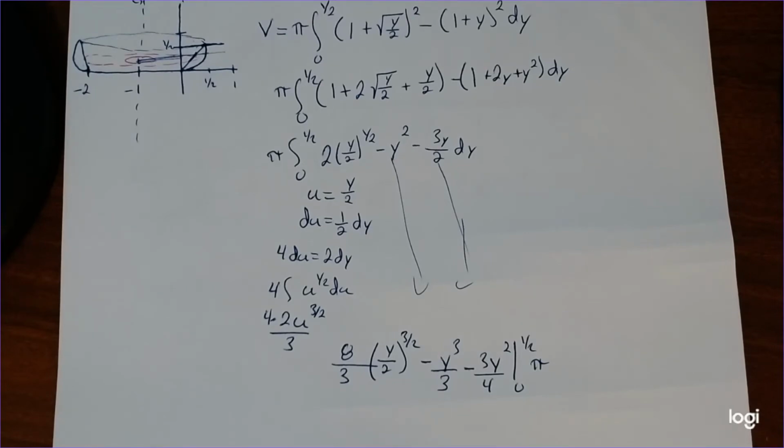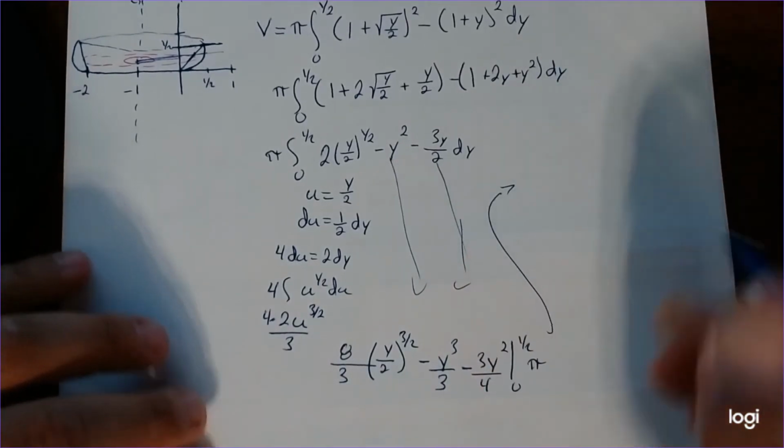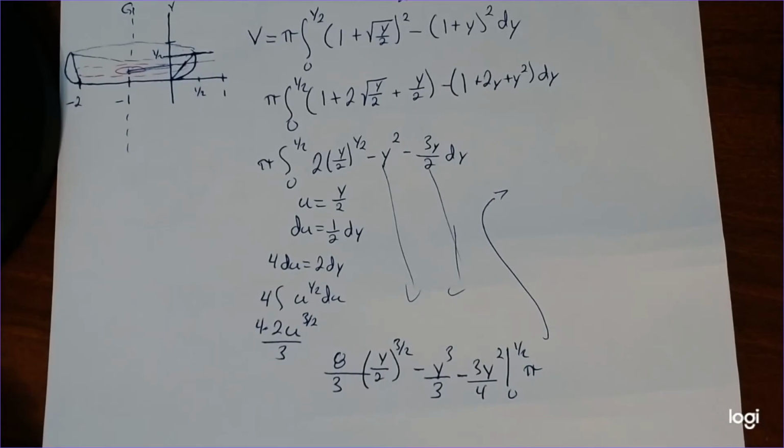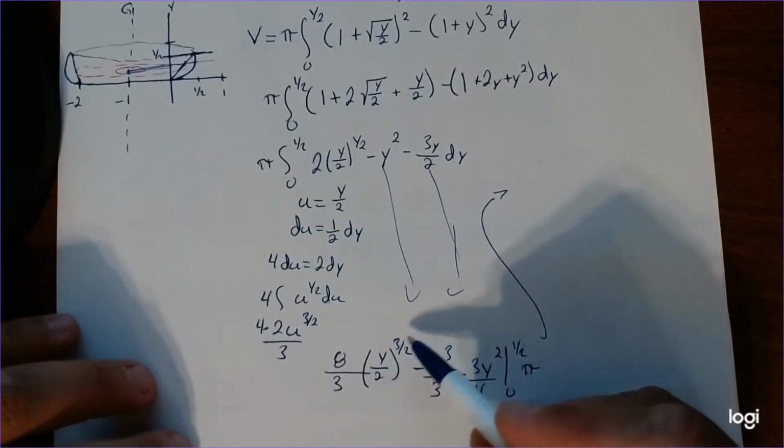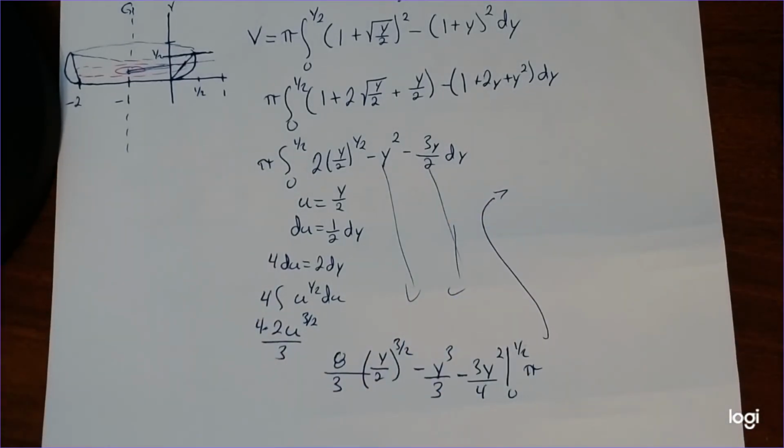And same thing, we just plug in 1/2 and see what we actually get. So this one is a little bit more tricky. So plug in 1/2 or 0.5 if it's easier. We just use a calculator to help ourselves.